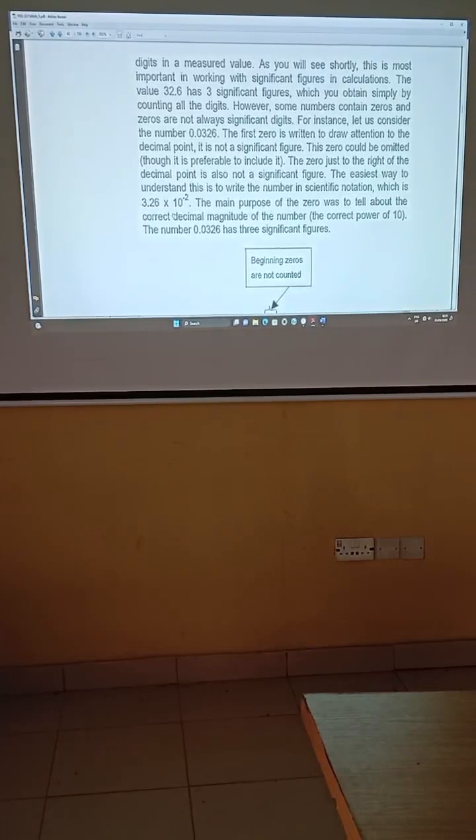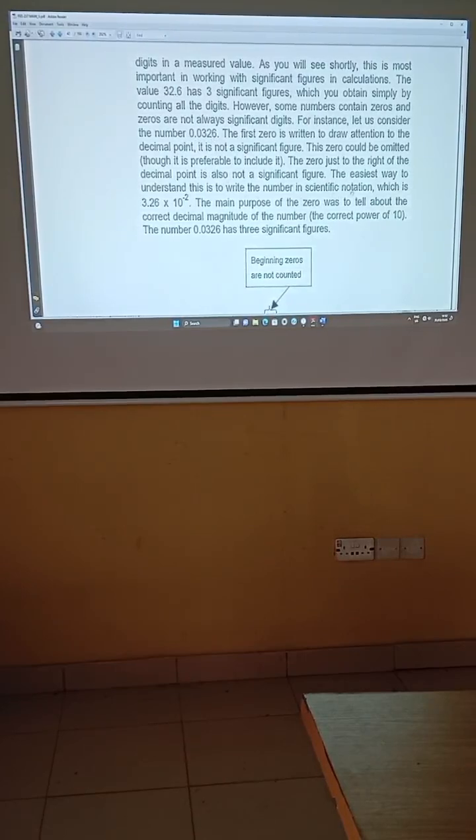The easiest way to understand this is to write the number in scientific notation. We've learned scientific notation in earlier units of this course. So go back and see how we write it.